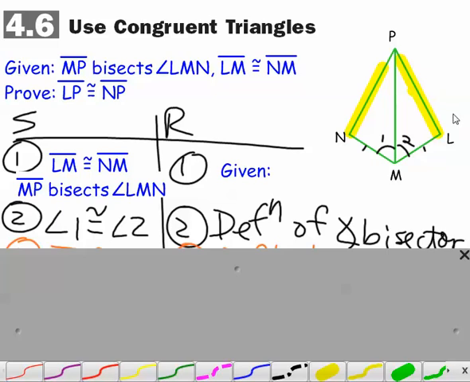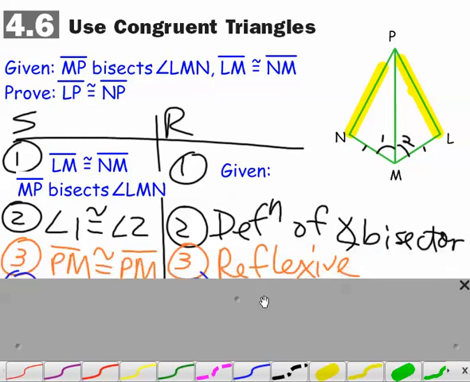So far between the triangles PNM and PLM, we have a pair of congruent sides. We have a pair of congruent angles. We need one more pair of congruent parts to be able to use one of our congruency statements. And right in the center we have segment PM occurring in both triangles. So we can say that segment PM is congruent to PM by the reflexive property.